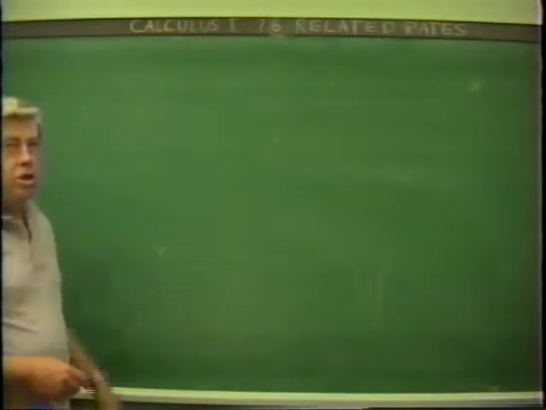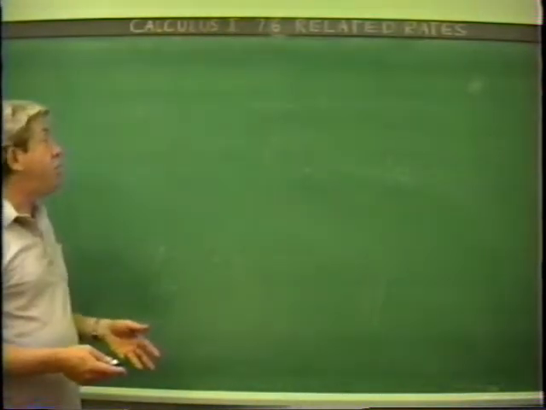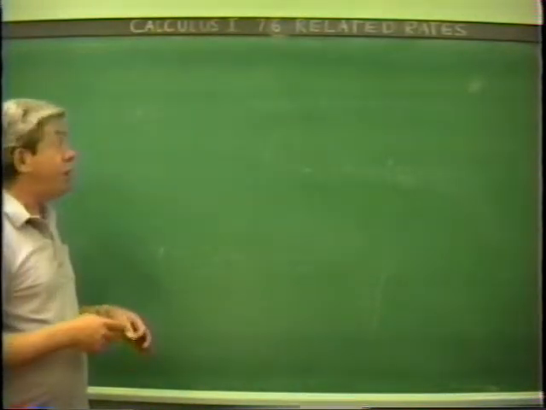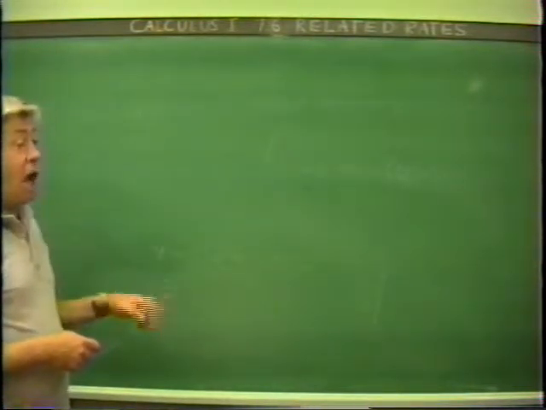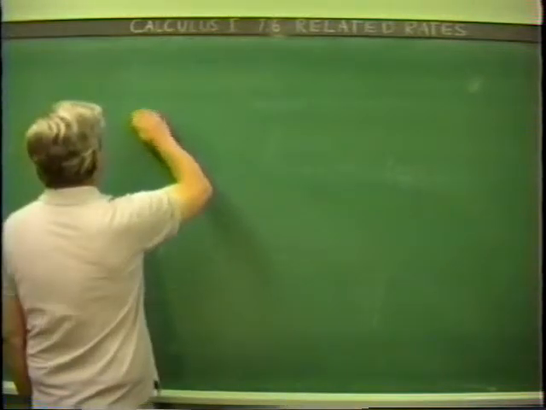Okay, we next want to look at what are called related rates problems, and these are a type of problem where the rates involving several things are related by an equation or equations, and you want to know what the particular rates are.